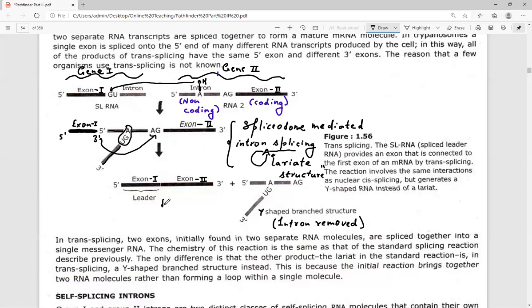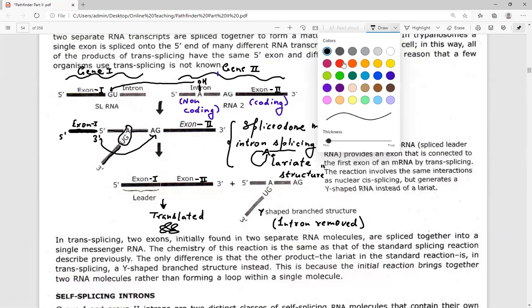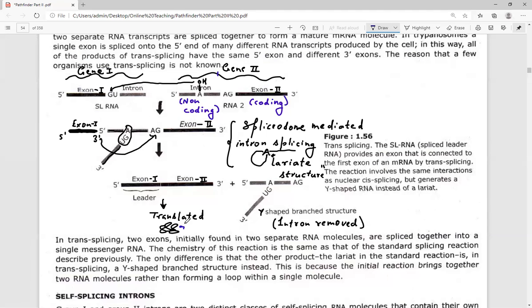These could be translated into a protein having the exon 1 part as well as the exon 2 part. This is how a complex protein is being produced. This is exon 1 and this is exon 2. Both are going to work and both are going to be ligated.